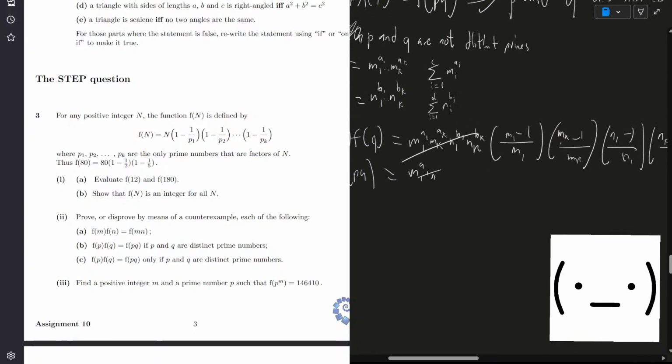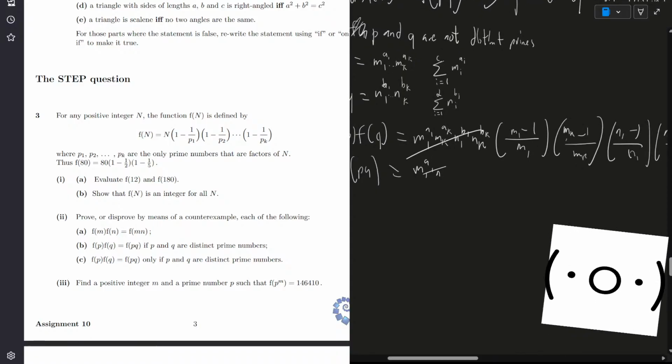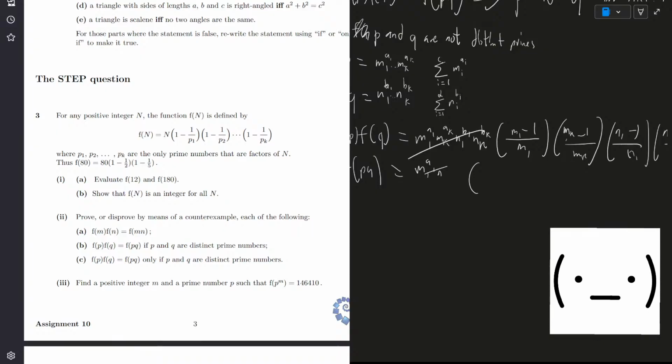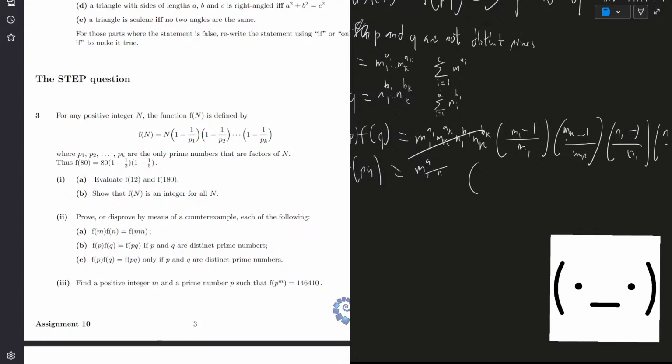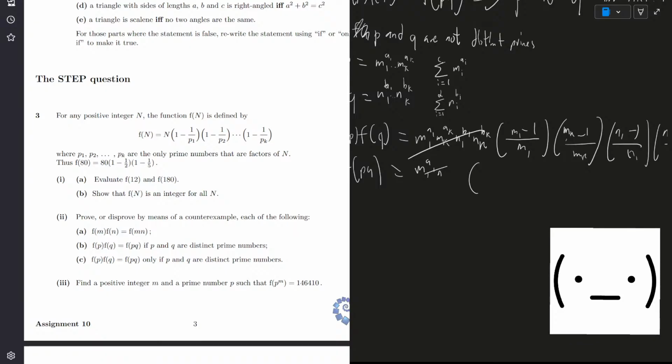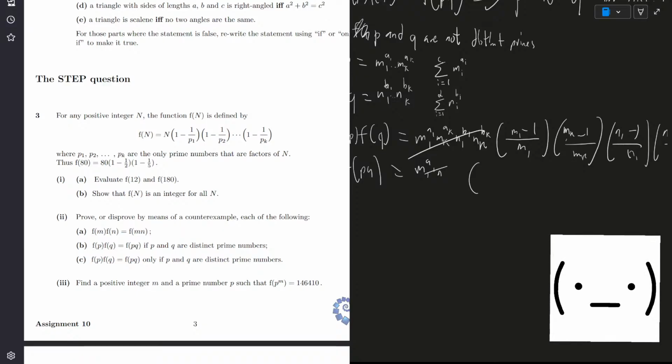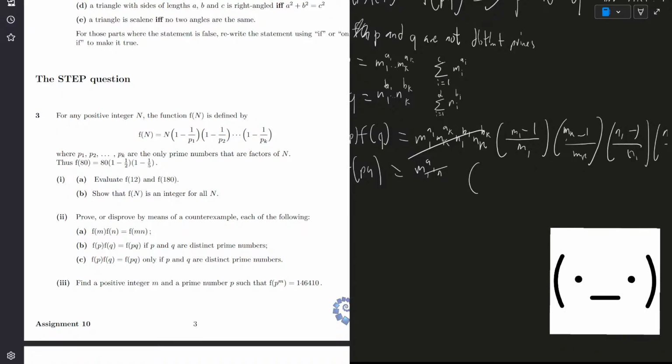And then we have... Hmm, this doesn't work, does it?